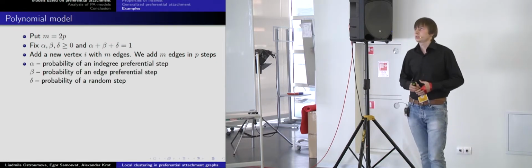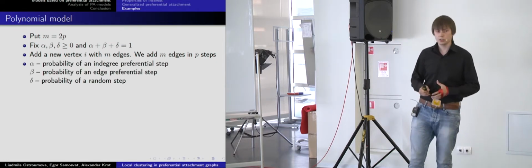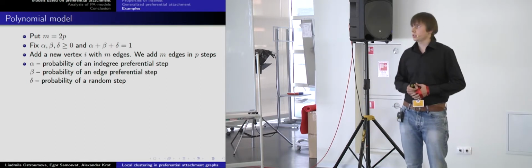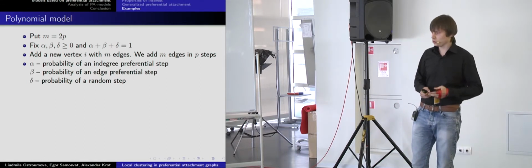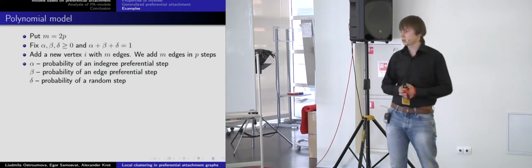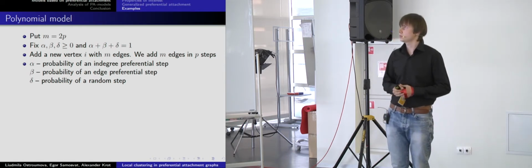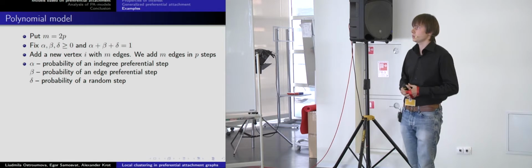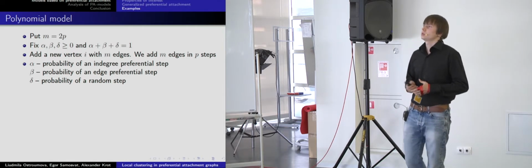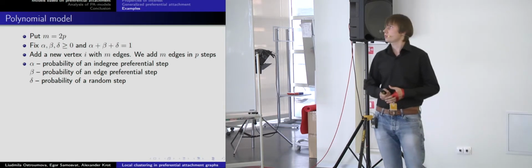So alpha is the probability of an in-degree preferential step. It means that we choose 2 vertices by their in-degree. Beta is the probability of an edge preferential step.